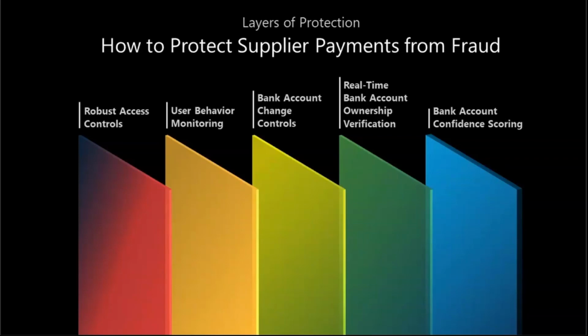Now let's talk about bank account change controls, right? So let's assume that this person has been authenticated, they went through the multi-factor authentication, additional layer. They also succeeded in going through the pattern detection where we monitor user behavior, timing of the login, geolocation, IP address, and so on and so forth.